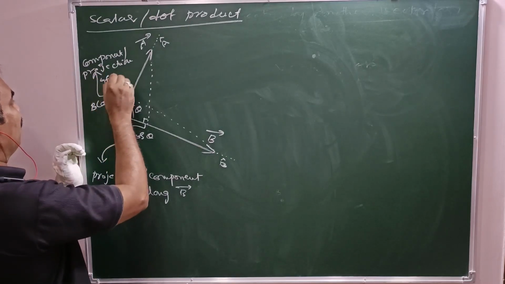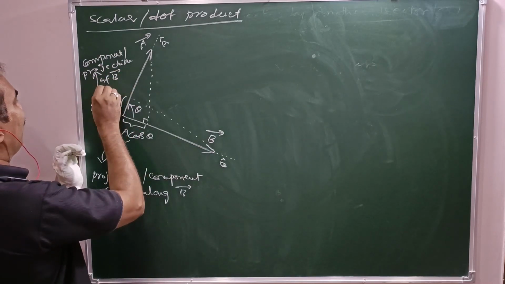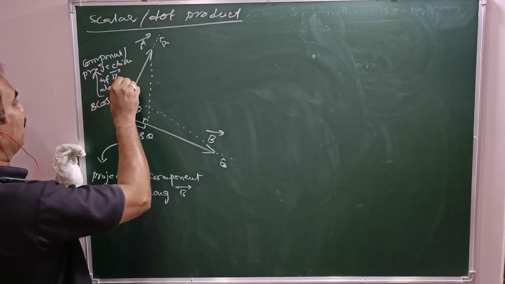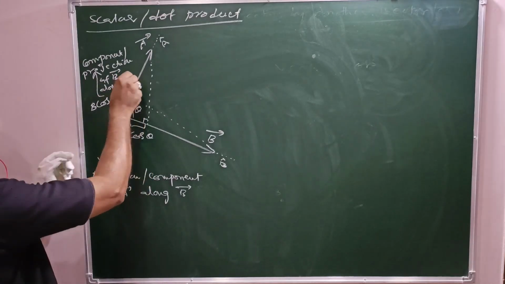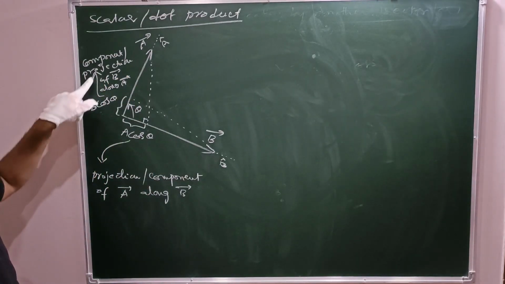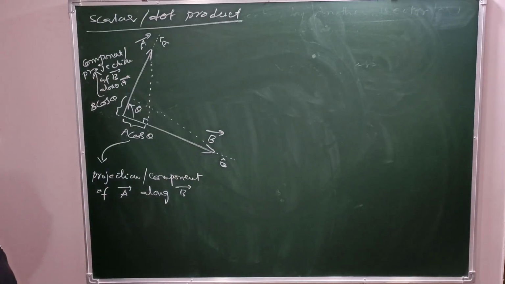So B cos theta is the component or projection of B bar along A bar.